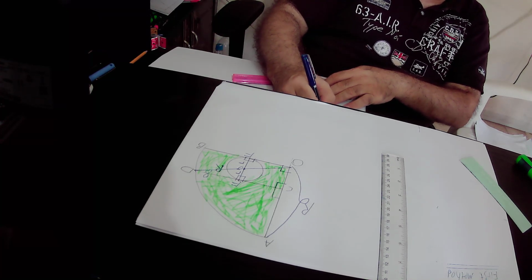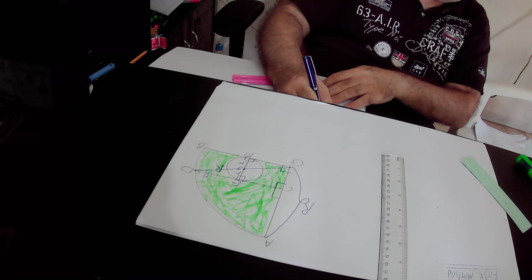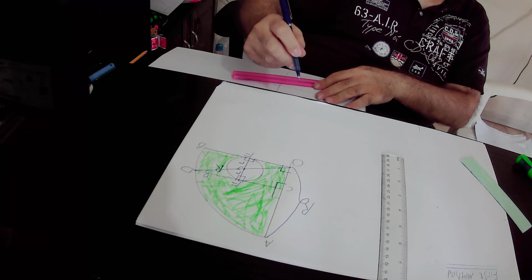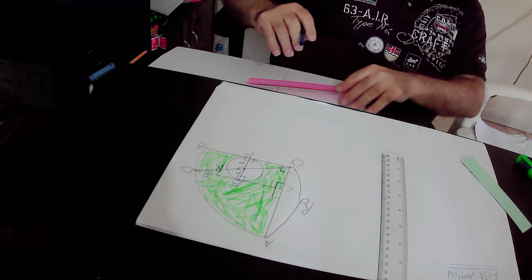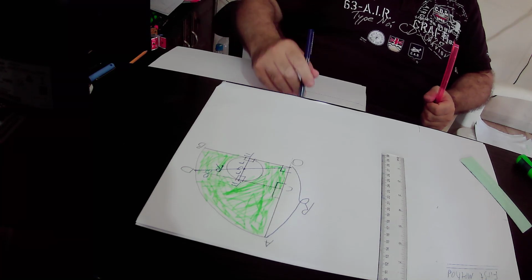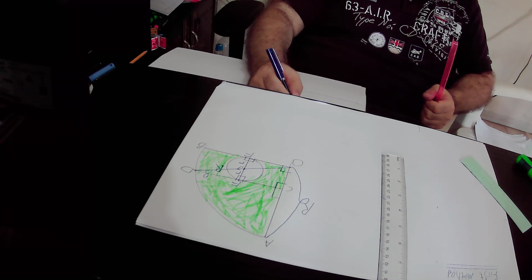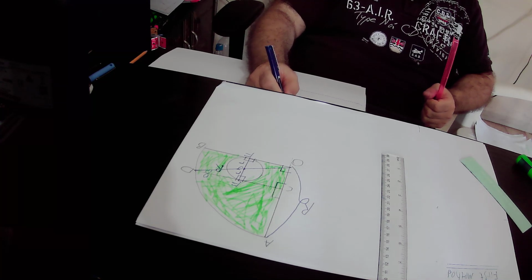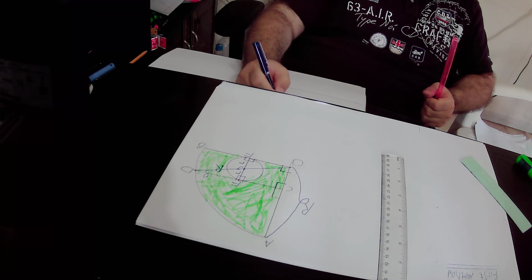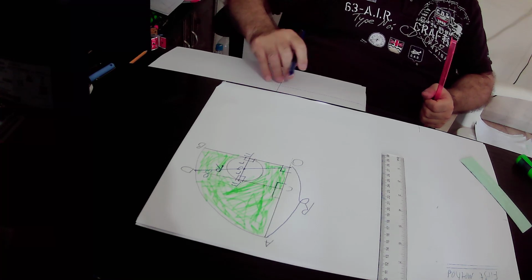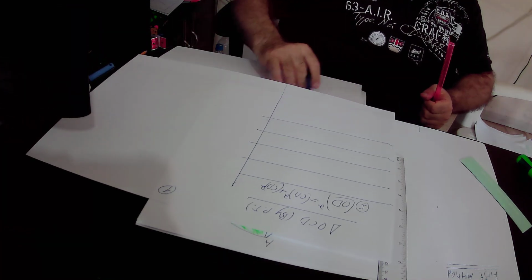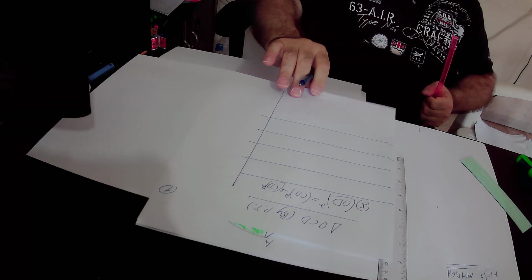Therefore, the square of the hypotenuse is OD squared. And it must be equal to the sum of the squares of the perpendiculars, that is to say, it must be equal to CO squared plus CD squared. Okay, according to the Pythagoras theorem, OD squared equals CO squared plus CD squared.